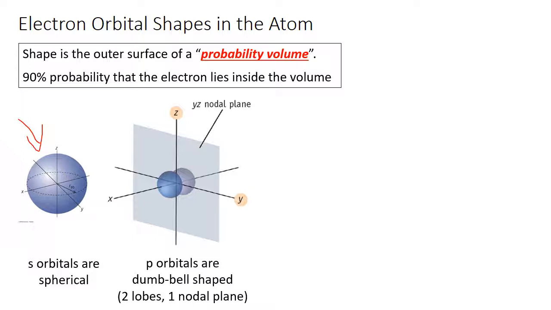This is what we call a nodal plane, meaning that the square of the wave function, representing the probability, falls to 0 at that point. And there's a 90% probability that the electron lies somewhere inside of this volume.